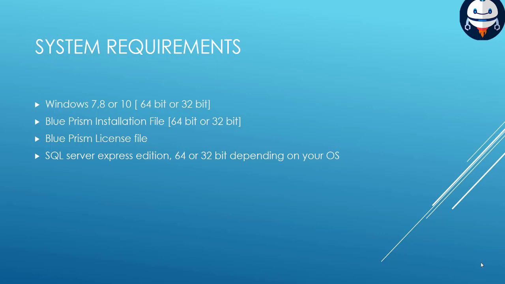The last and the most important thing you need is SQL Server instance, and I am using SQL Server 2012 Express Edition. You can use any SQL Server above 2008 edition that can be 64-bit or 32-bit depending on your operating system. So let's go to installation now.